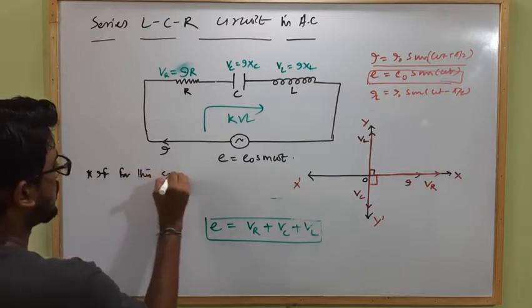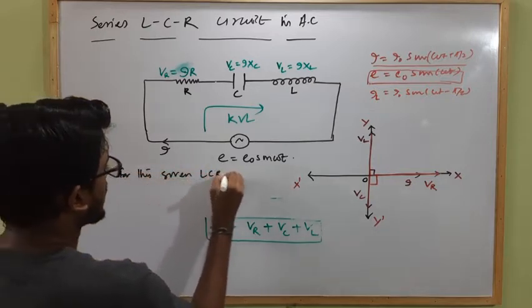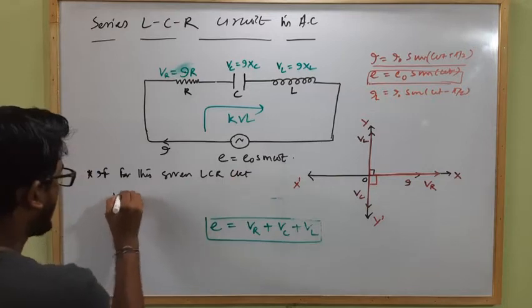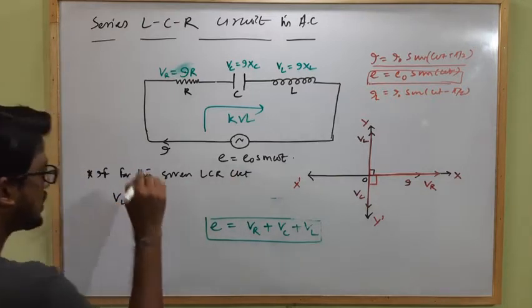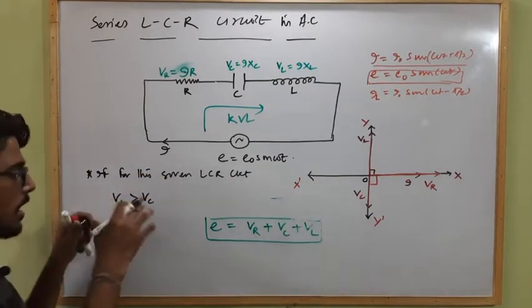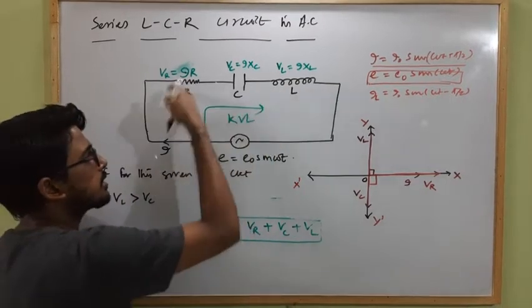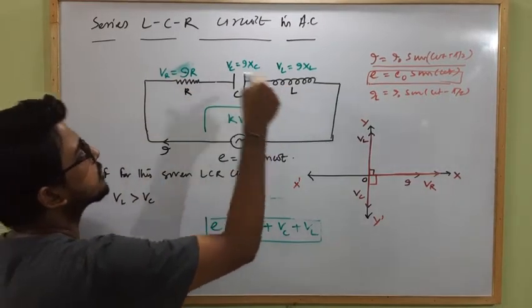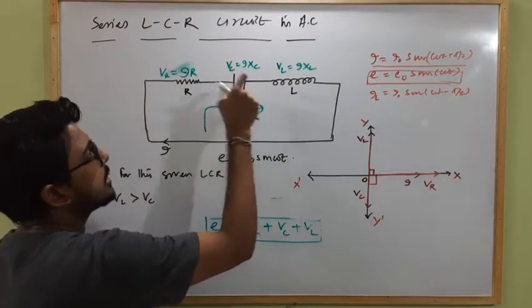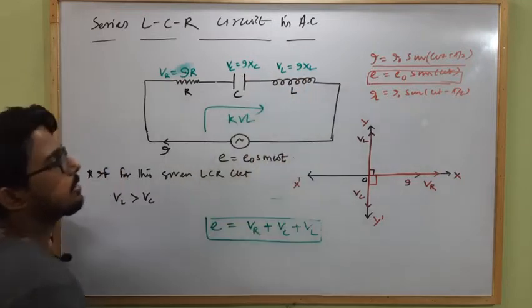For this given LCR circuit, let us assume that VL is greater than VC, that is, the potential difference across the capacitor is less than the potential difference across the inductor.